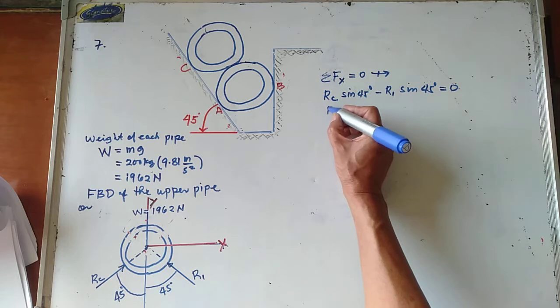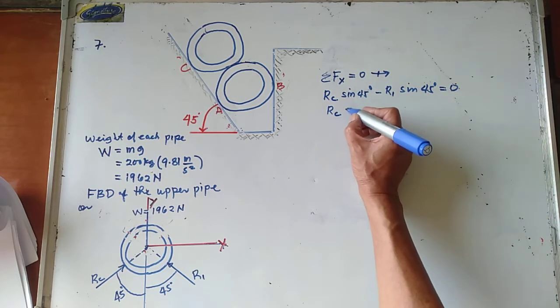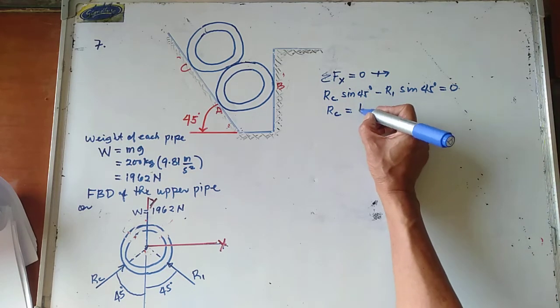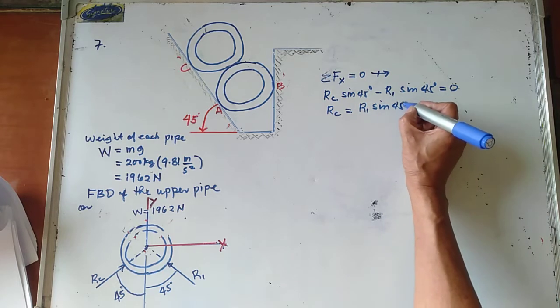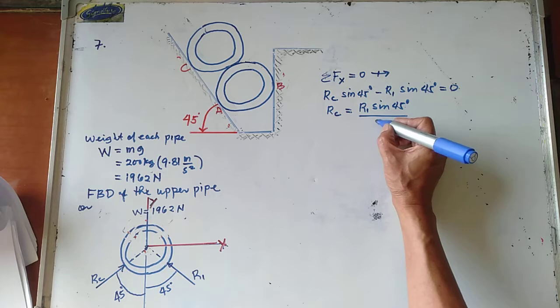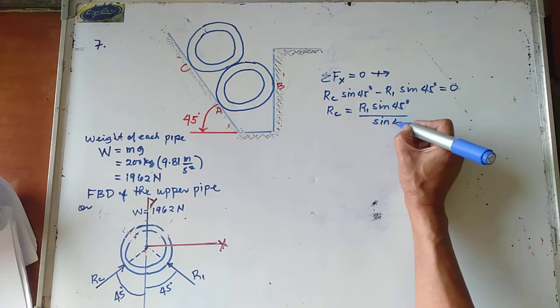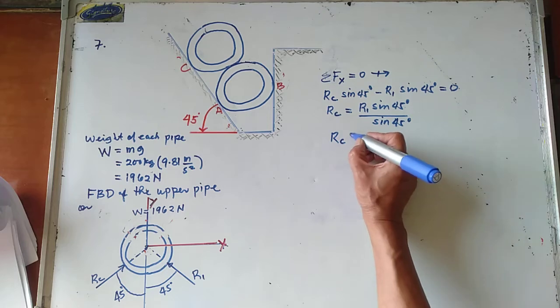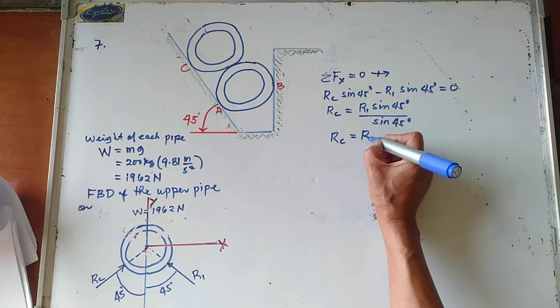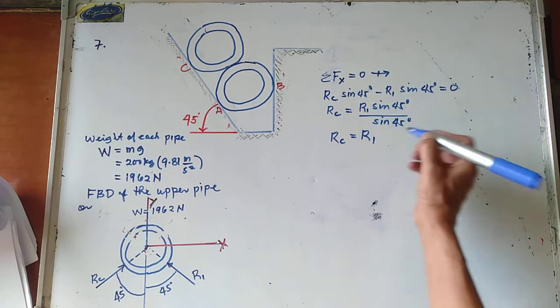So that your RC is equal to R1 sine of 45 degrees over sine of 45 degrees. So RC is equal to R1.